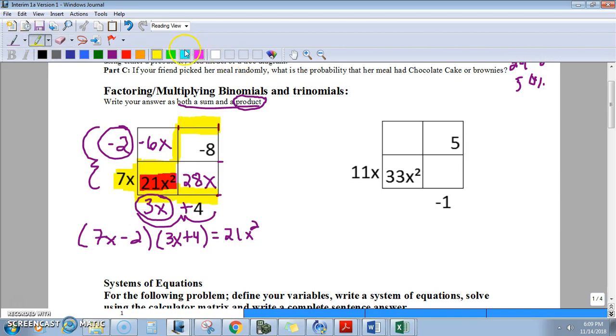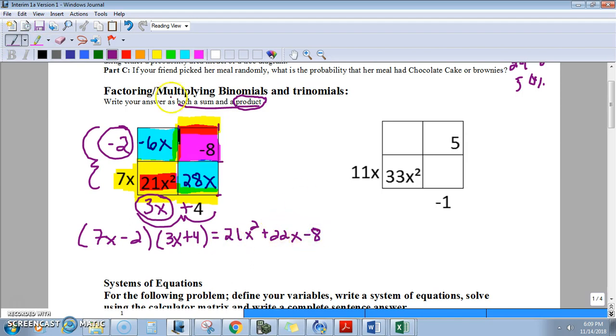But this term has an x, and this term also has an x, so we can combine those two terms. We have a -6x and a positive 28x. That leaves us with a positive 22x. And then what other color should I use here? What about pink? Our last box is just -8, and that's by itself. Okay, so we put -8.